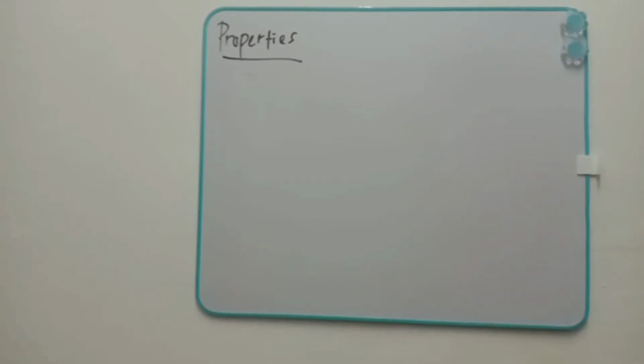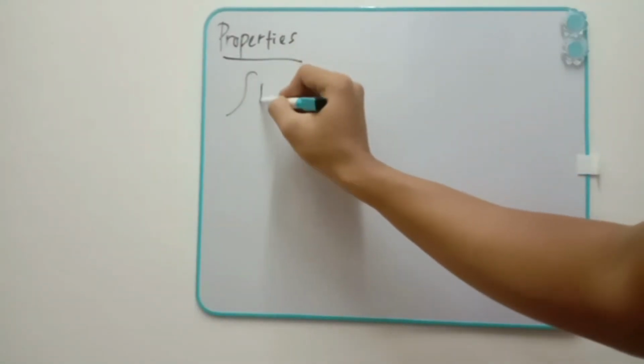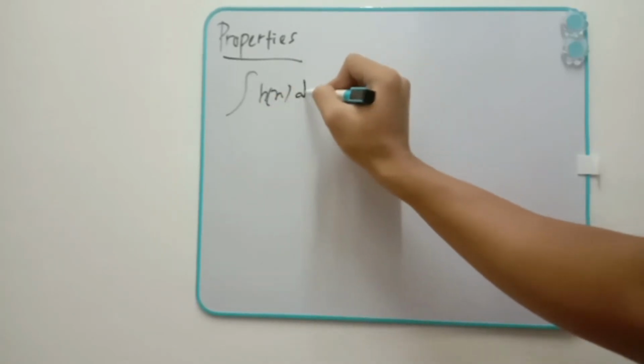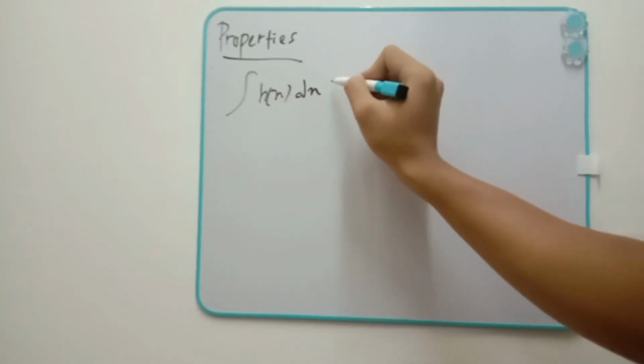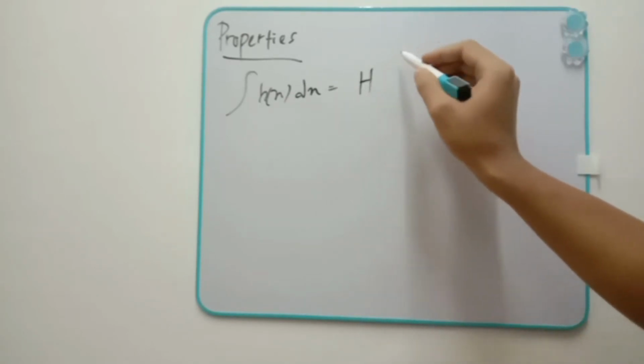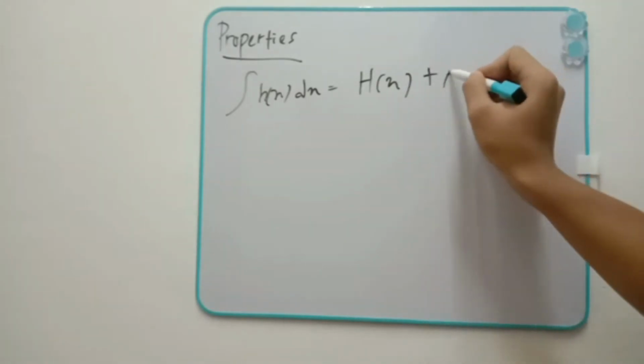So in general, to establish the validity of an equation of the form, we must show that the integral of h(x) dx is equal to h(x) plus c.